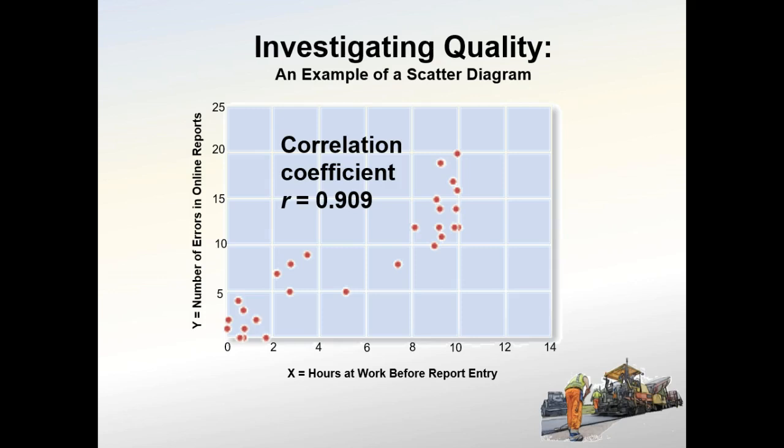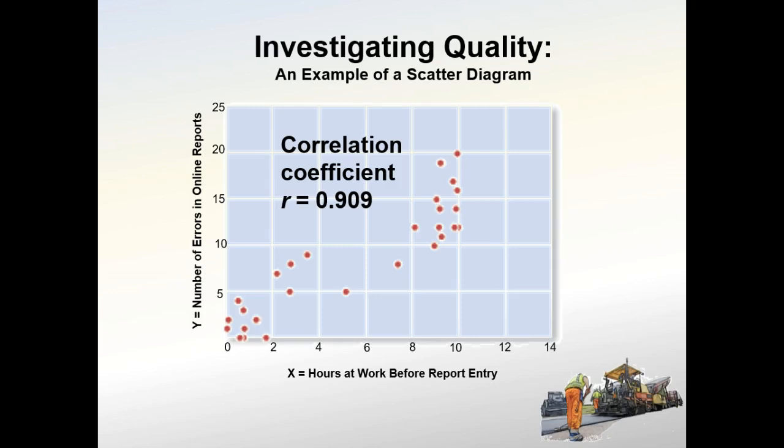And Figure 3.5 here includes the correlation coefficient of the data plotted in the diagram, confirming a strong positive relationship of r equals 0.909.